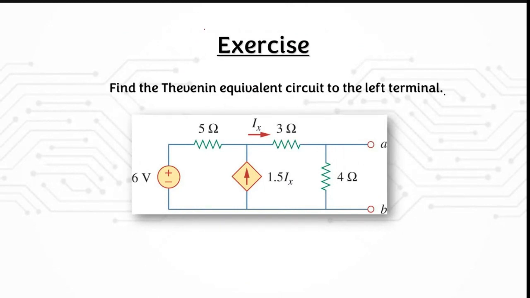For this exercise, you need to find the Thevenin voltage VTH and resistance RTH. This circuit has a dependent source, which is a dependent current source, 1.5 Ix.